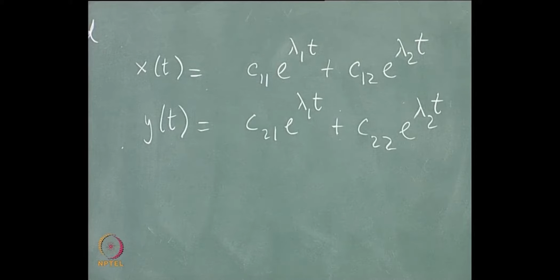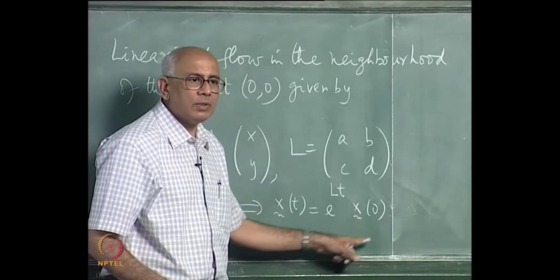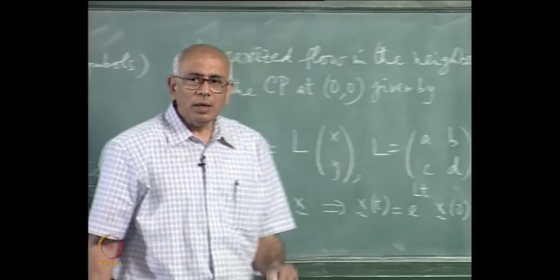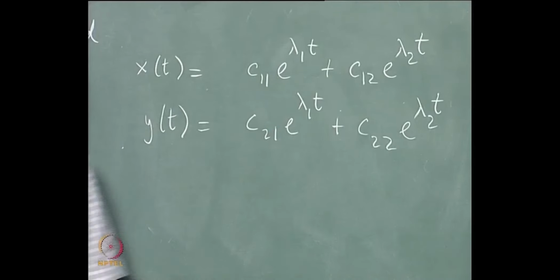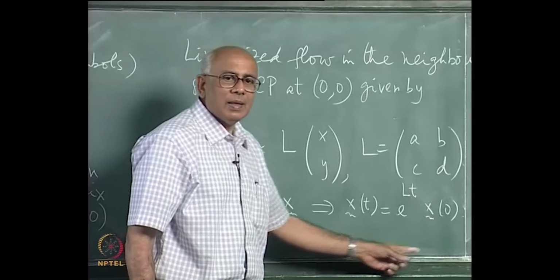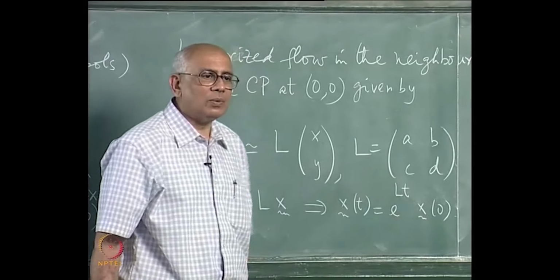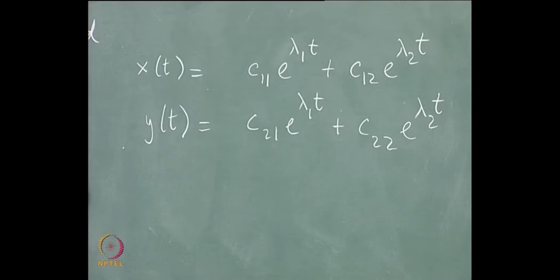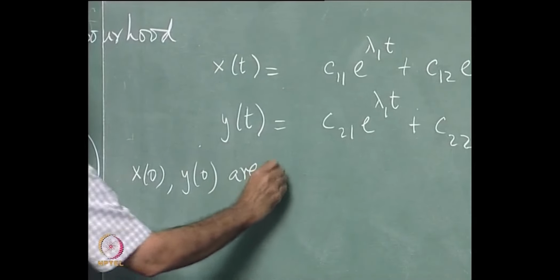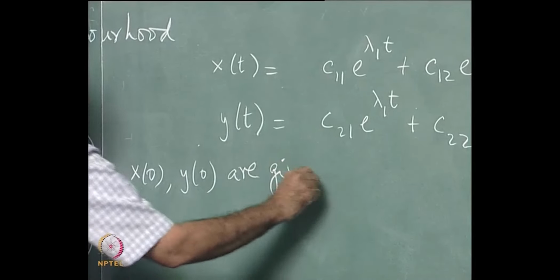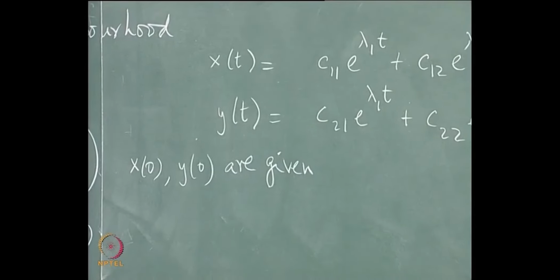What determines the constants? Initial conditions, absolutely. You know x of 0 and y of 0, but then there is a little puzzle here. I have 4 constants, but I have only 2 pieces of data, x of 0 and y of 0. How do I find 4 constants?